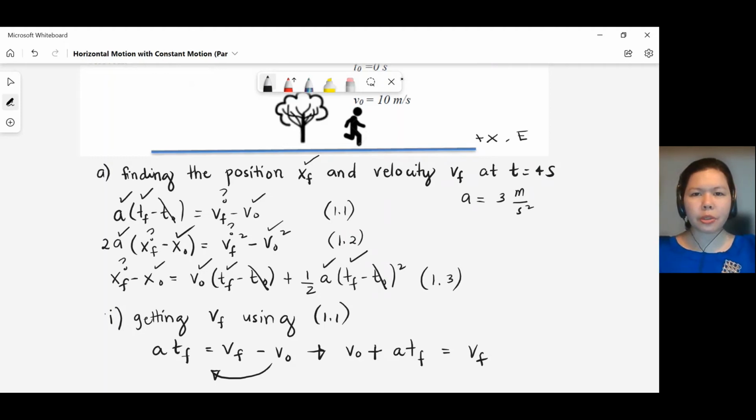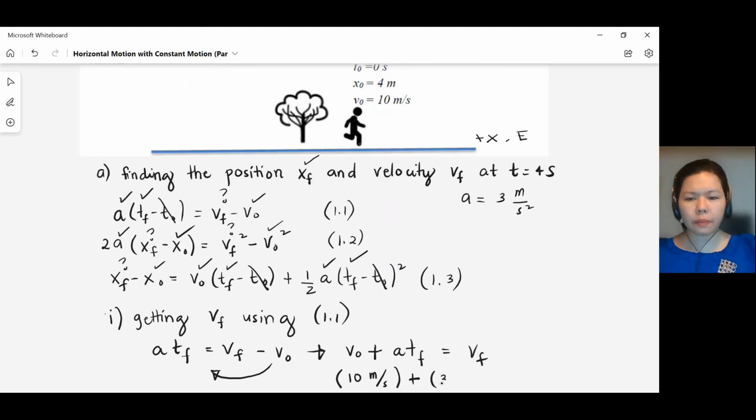And then we now substitute the given. V naught is equal to 10 meters per second plus A is 3 meters per second squared.